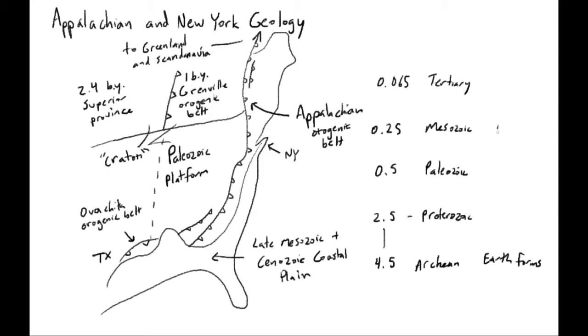So Mesozoic, of course, dinosaur time. Paleozoic, recognizable life. For example, animals. Proterozoic had some sort of algae, that kind of stuff.